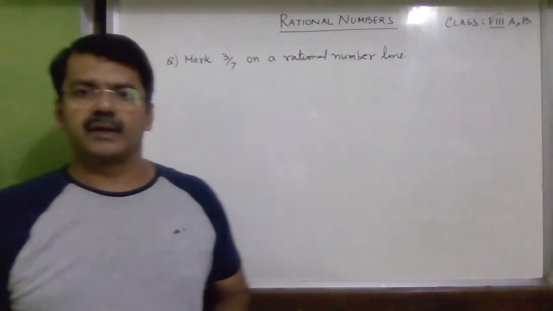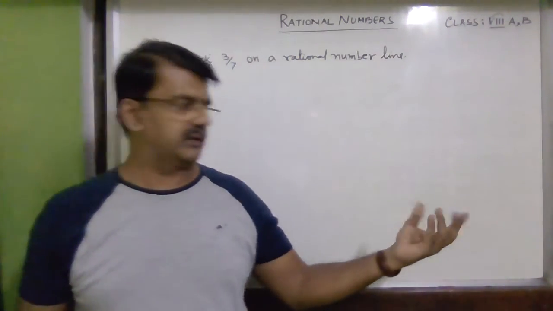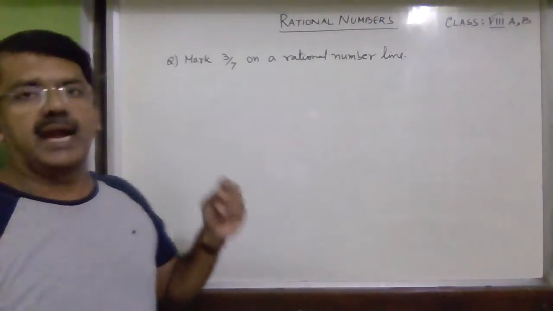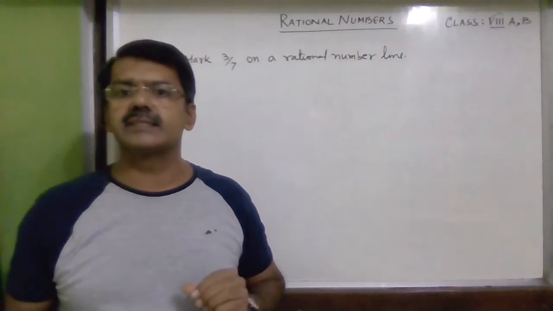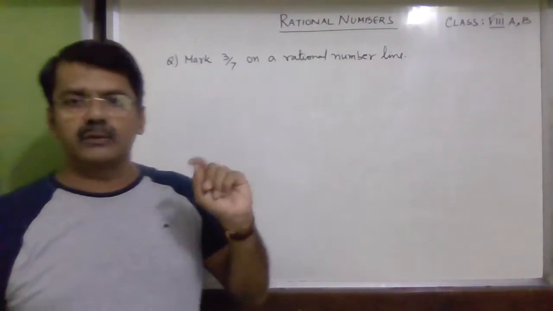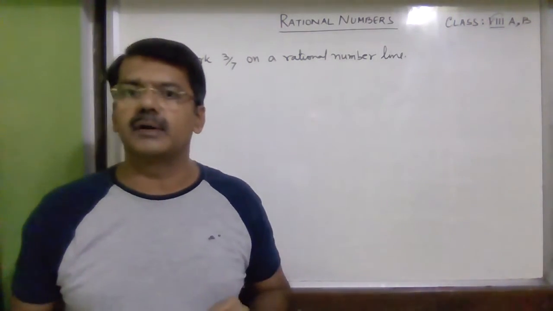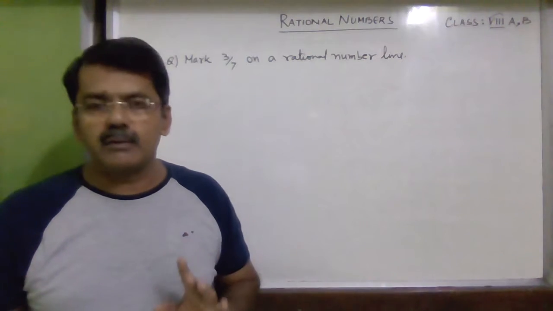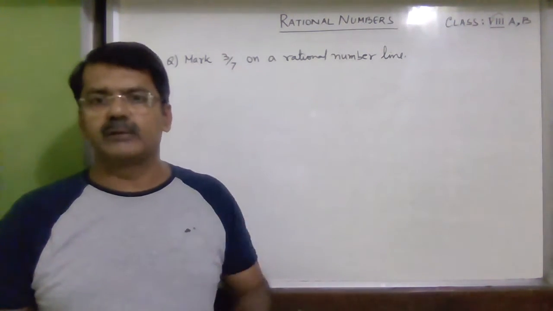Now see, if you think that you will draw the number line for integers, and then between 0 and 1, because 3 upon 7 is less than 1 and more than 0, you will divide it into 7 parts and then mark at the third place. That will be very difficult, because you cannot easily divide a distance into 7 equal parts.